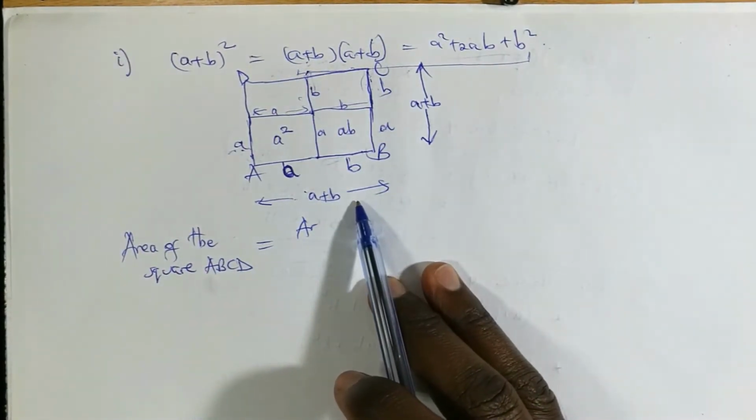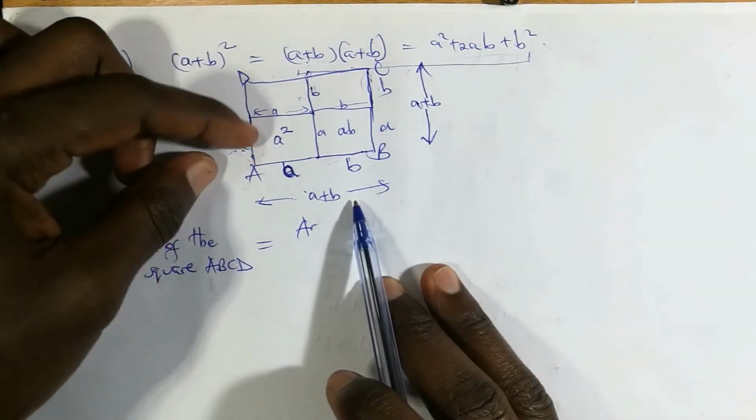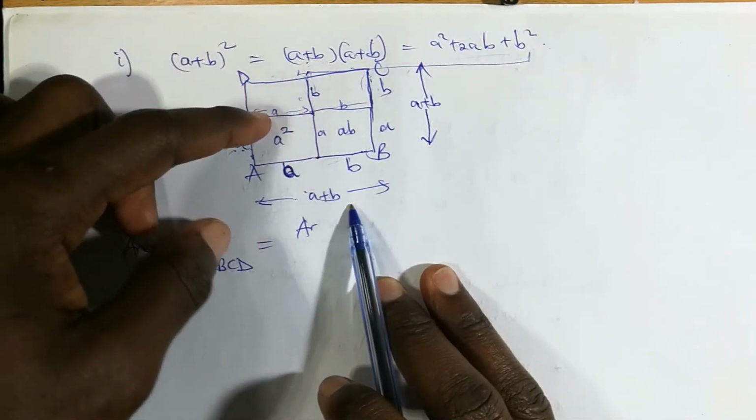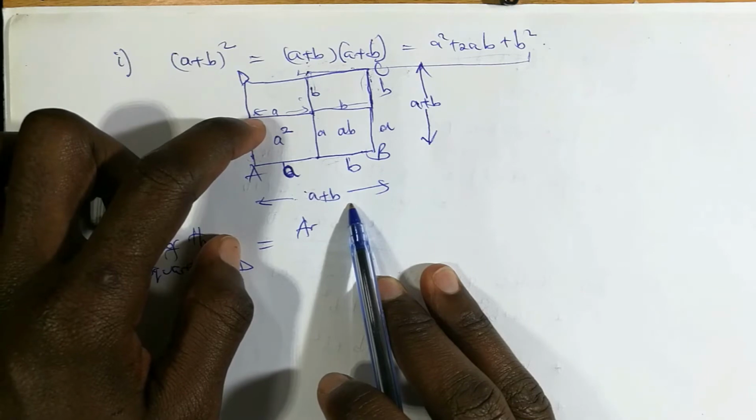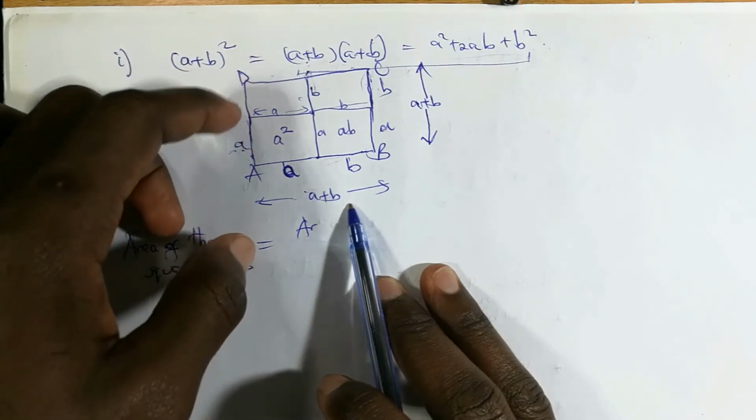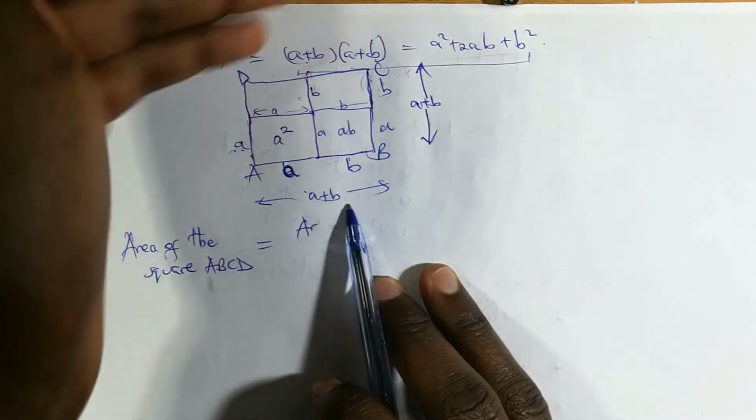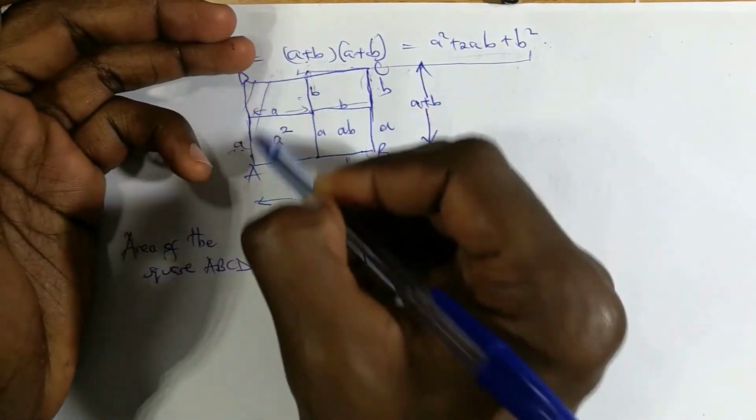I think we just need to add these two areas, that and that, to get the area of the whole of this square. Let me just shade this.